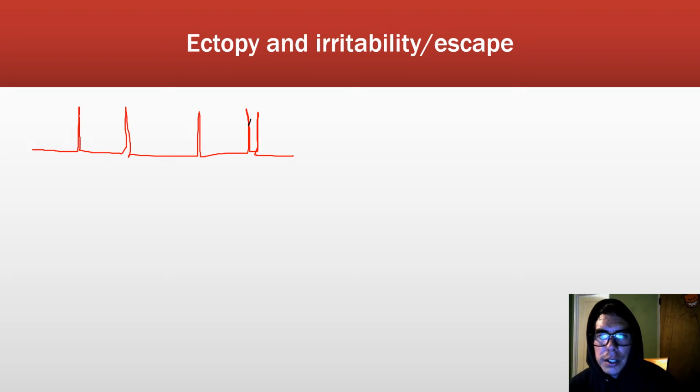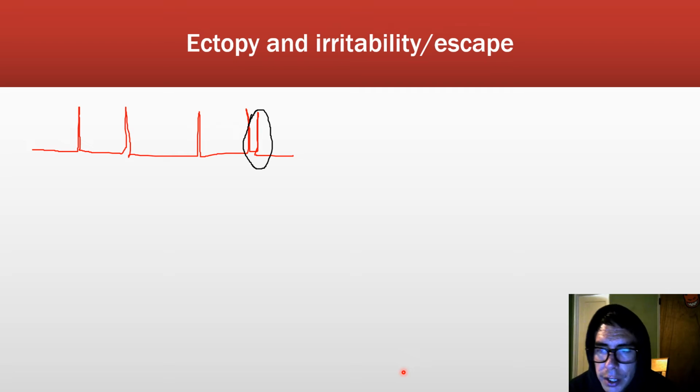This one right here would be your ectopic beat caused by irritability. Even though I didn't do a very good job at drawing, I tried to make these equally spaced so everything looked somewhat the same and spaced out. And then we just have this random one that came too soon. That would be an ectopic beat caused by irritability.